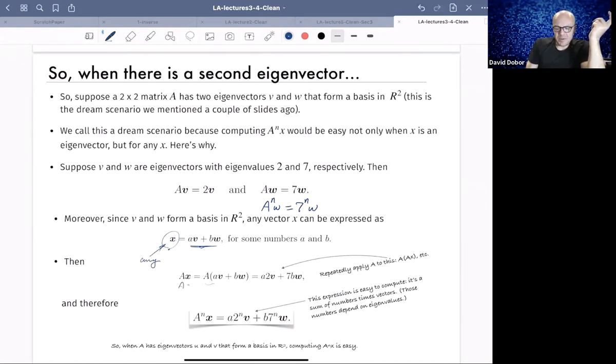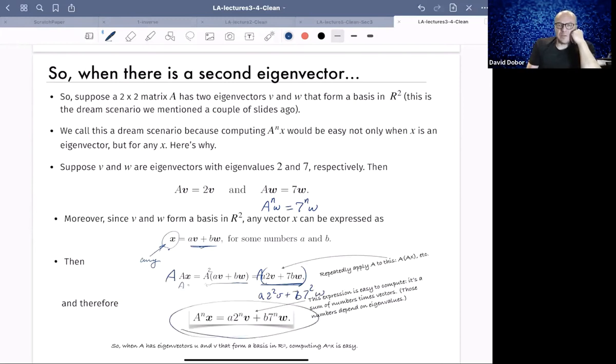Well, I have my arithmetic of dealing with matrix times number multiplications. This is what comes out of it. I apply A to it the second time. What comes out of it? A applied to this comes out of it. And that, as we just saw, is 2 squared times V plus 7 squared times W.